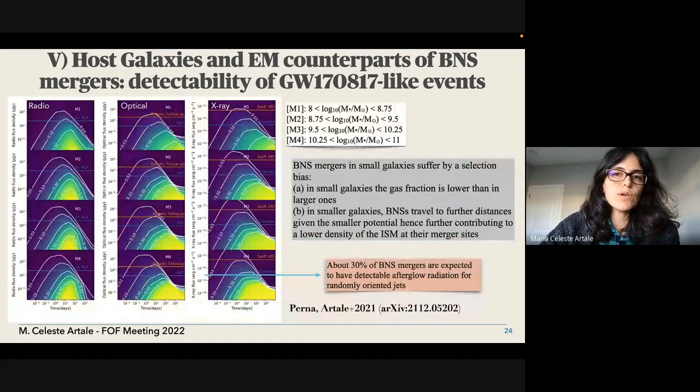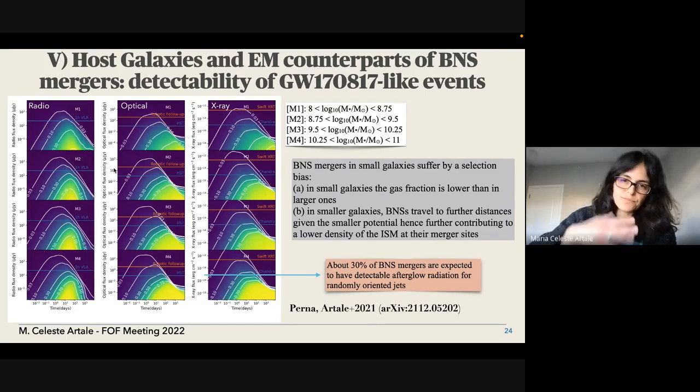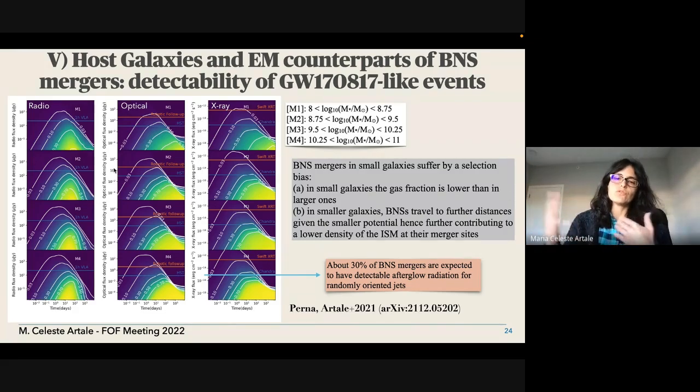With this, Rosalba also followed and investigated the afterglow of these events. The afterglow is all the emission, in radio, optical and X-ray, that is produced by the interaction of the jets from the short gamma ray burst with the interstellar medium.